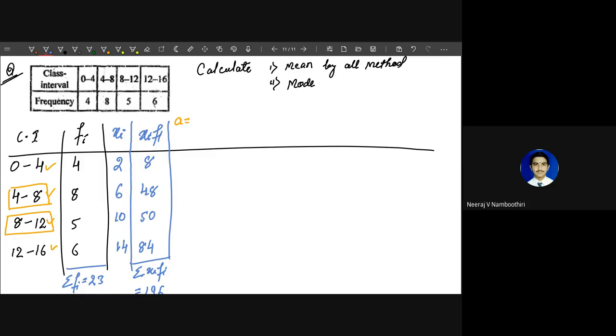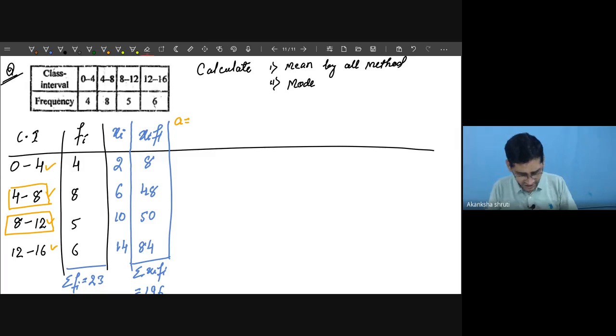Sir, 8 to 10. Okay, let us choose this 8 to 12. So in this case, we shall choose this 8. So let A equal 8. Therefore, the di needs to be calculated as xi minus 8.